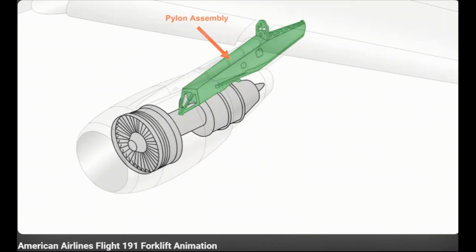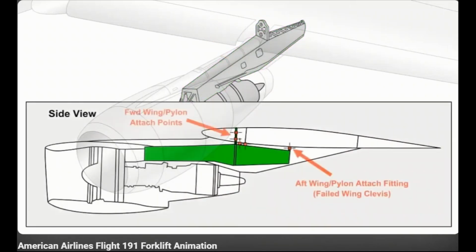The engine is supported by a pylon that is in turn attached to the wing. The expected maintenance would be to remove the engine, then remove the pylon, and complete the pylon inspections. To save time, American Airlines removed the engine and pylon as a unit, rather than separately, a deviation from procedures specified by the airplane manufacturer, McDonnell Douglas.